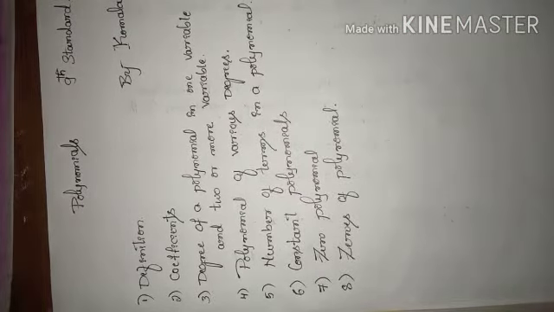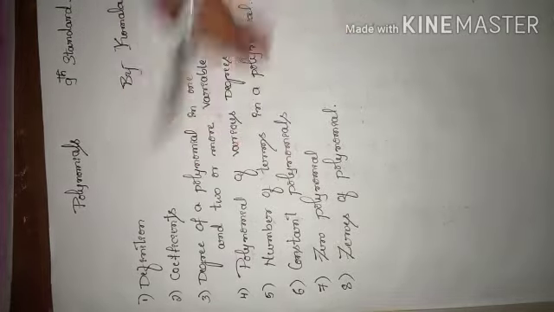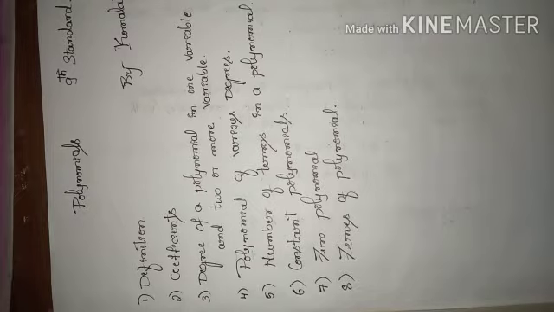So yes, let us know what is the definition of polynomials. Firstly, before going to the polynomial definition, I would like to tell you the definition of algebraic expressions, as we have an interrelationship between algebraic expressions and polynomials.